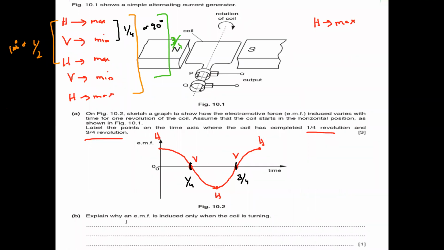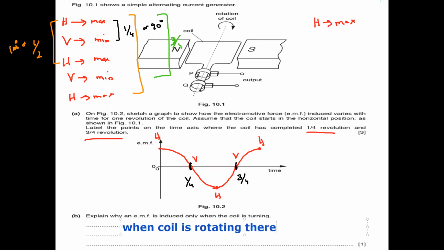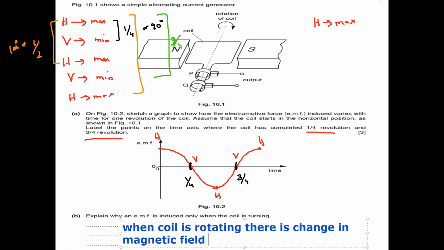Remember, whenever coil is rotating, there is a change in the magnetic field, and due to that change in magnetic field, that induces EMF. So EMF is only induced whenever there is a change in magnetic field. If there is no change in the magnetic field, there will be no induced EMF.